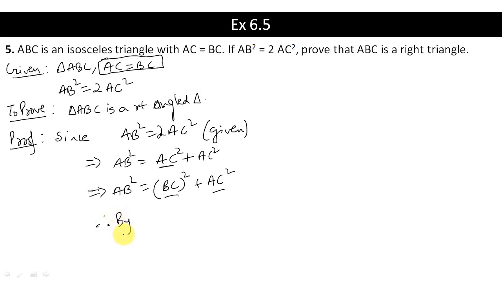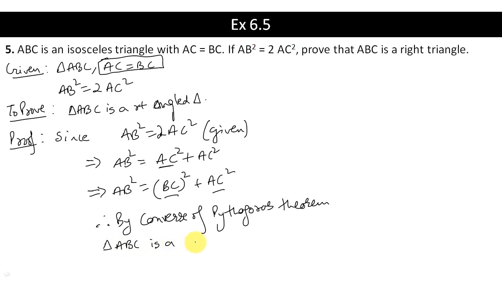Therefore, by converse of Pythagoras theorem, triangle ABC is a right angled triangle. And what will be the right angle in this triangle?